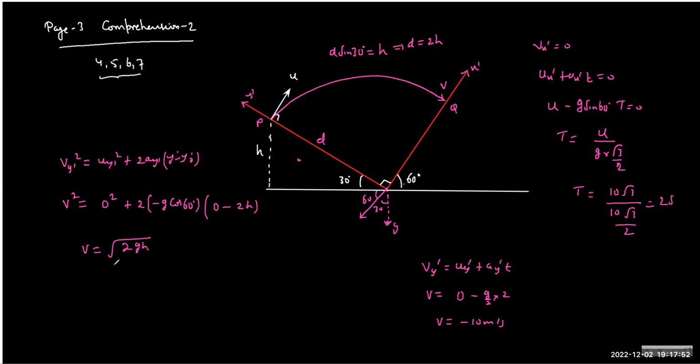And now you can use the third equation to get H. Substitute here: 10 square equals 2gH, so H is 5. Correct? And the distance PQ, what is PQ? You can use the Pythagoras.